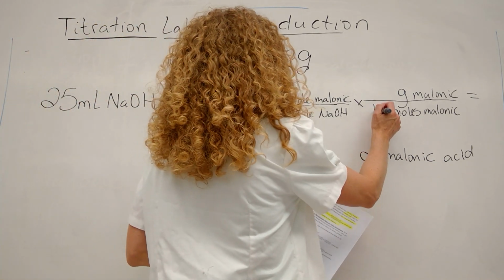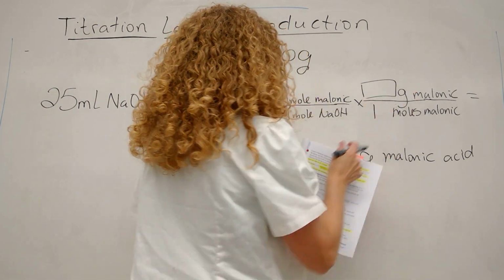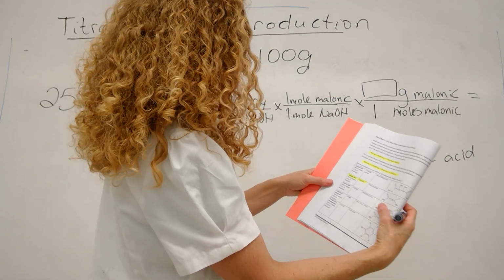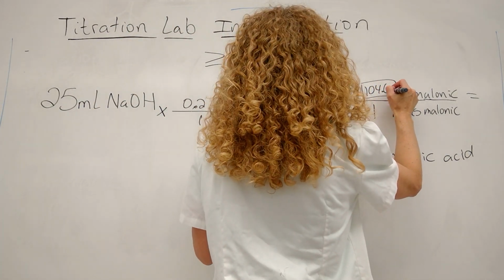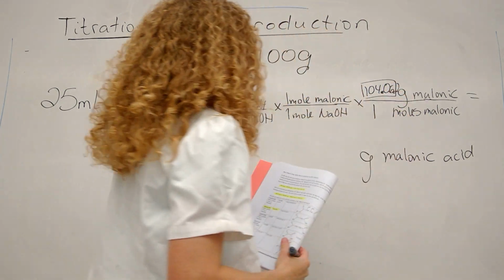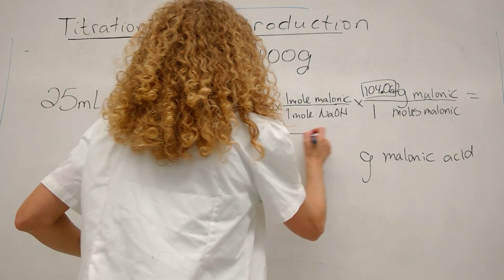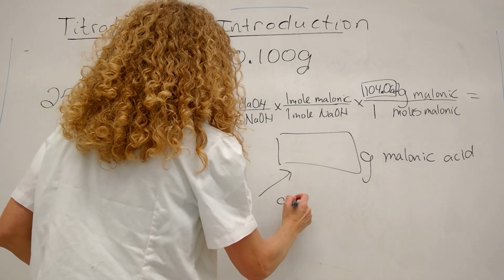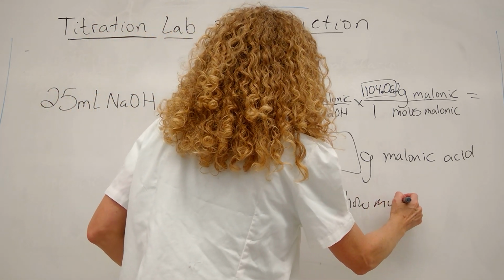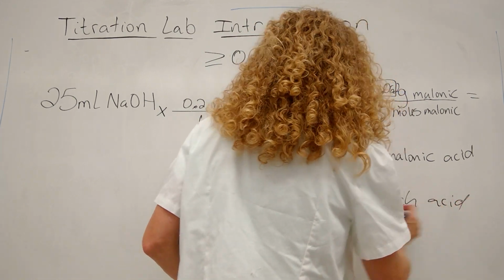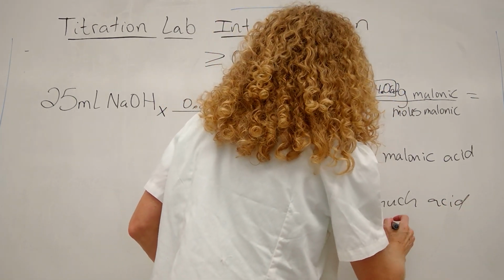And right here, you should put in the molar mass. It's given right here, 104.062 grams. So if you do this calculation, it'll tell you approximately how much acid to use. And this is on part 3.